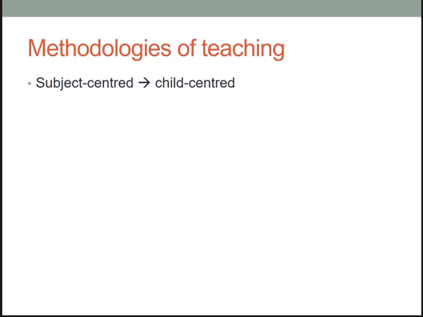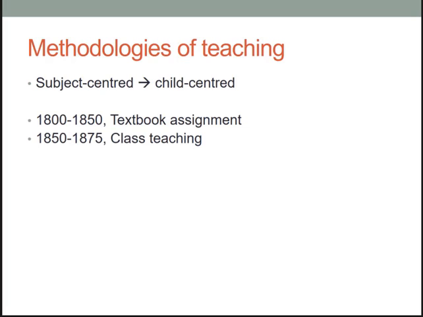The historian Charles E. Phillips outlines the general methods of teaching in the following way. From 1800 to about 1850, it was all about textbook assignment. You just assigned readings from a textbook and that was it. Then from 1850 to about 1875, there was a transition to classroom-based teaching and less about the textbooks.